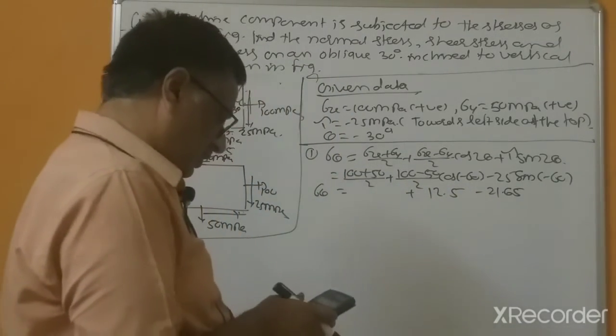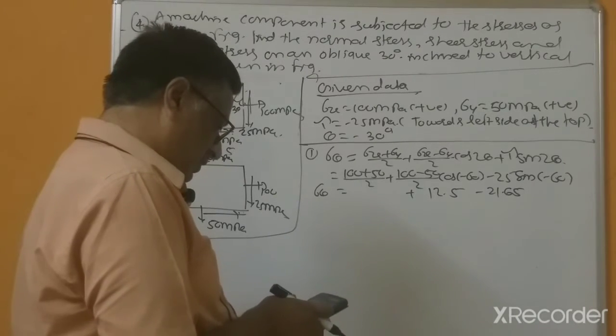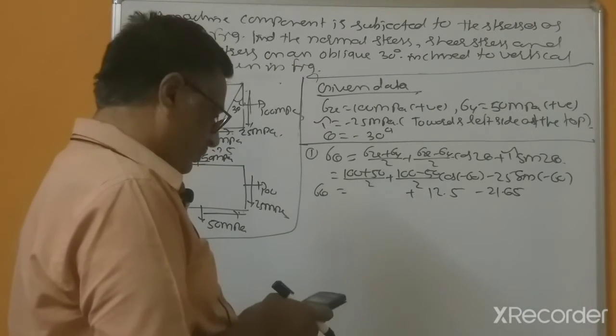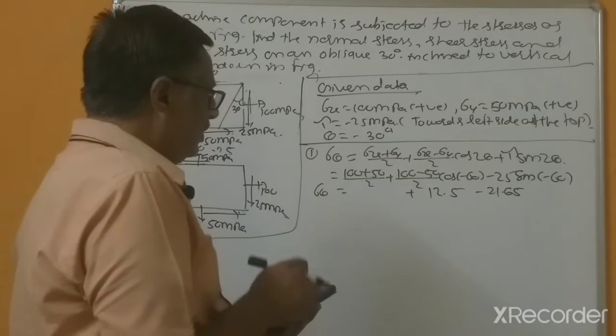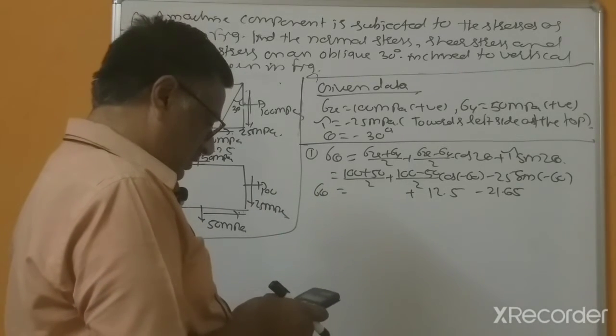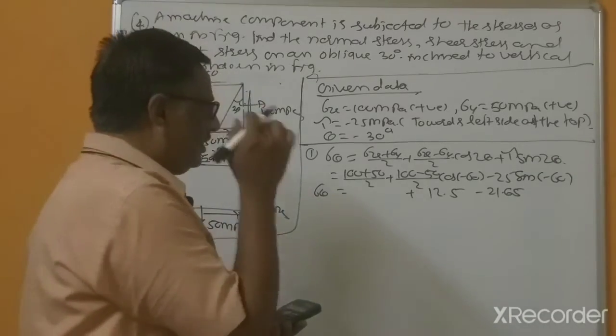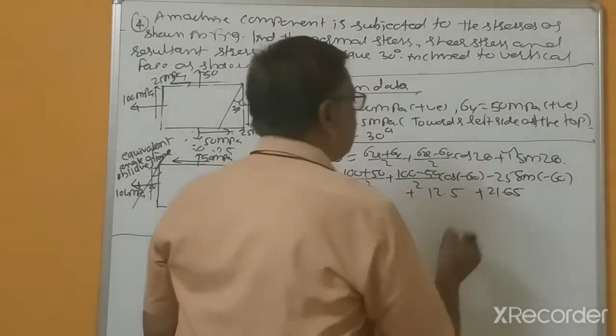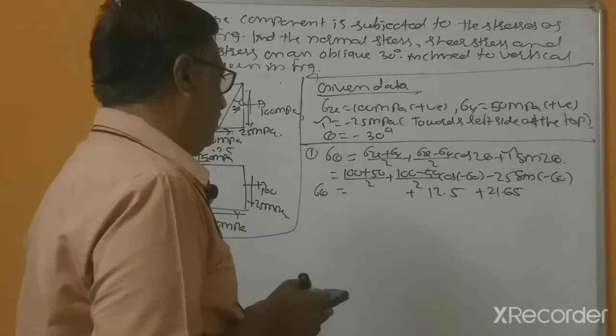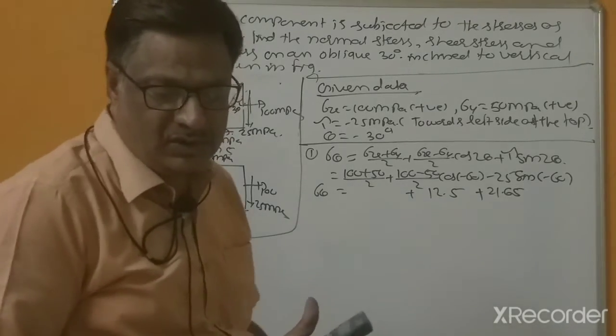I think we'll check once again. Minus 60, 0.5, and that is sin minus 60, minus this becomes plus. So this is correct.